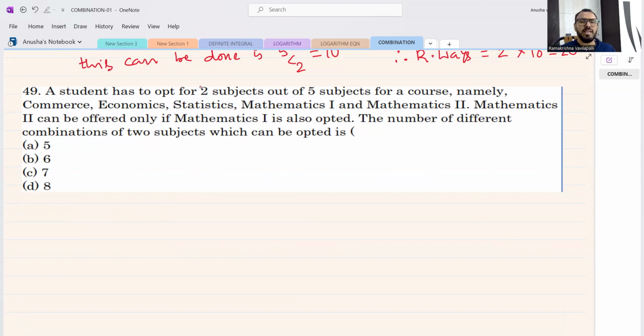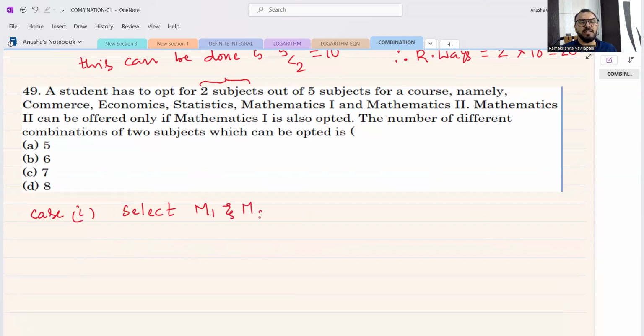Anyway, we have to select only 2 subjects. So case 1: select M1, maths 1 and maths 2.